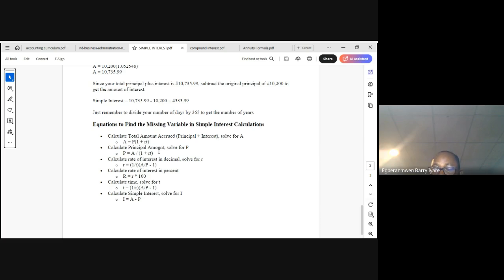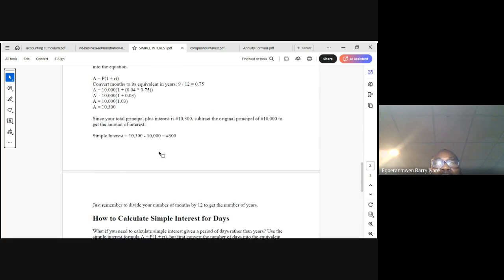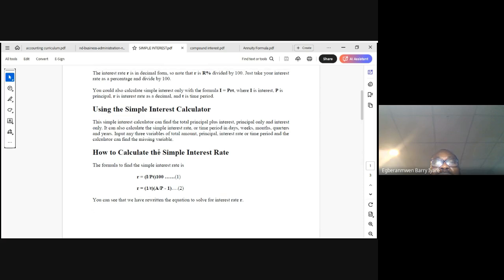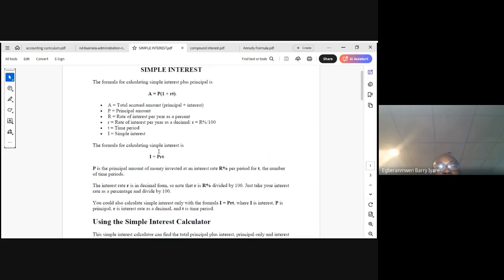I thought I was going to use the amount method, but that is just for you to understand. Here, your small r will be interest divided by PT.